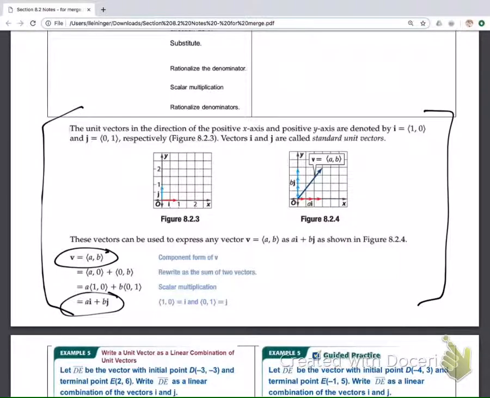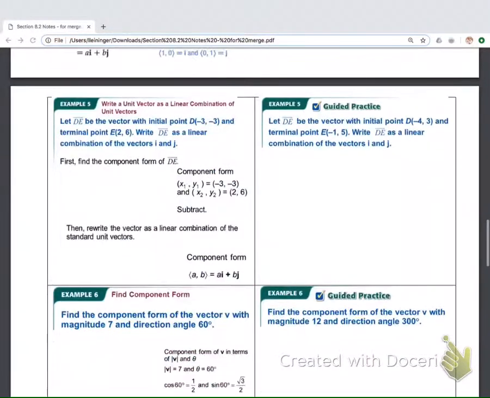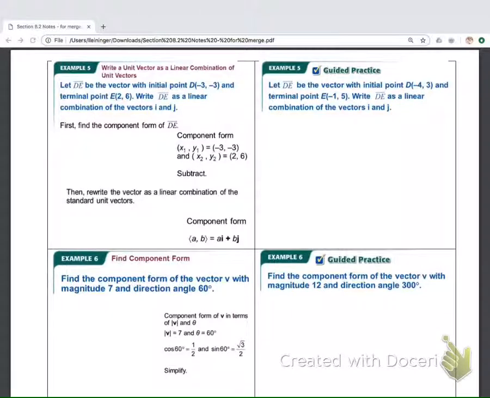So what I mean by that is, on the top of the next page, if you have a normal vector problem here, we just did one like this. They've given me the initial point and terminal point. I would go through finding component form just like I normally would with 2 minus negative 3 and 6 minus negative 3.